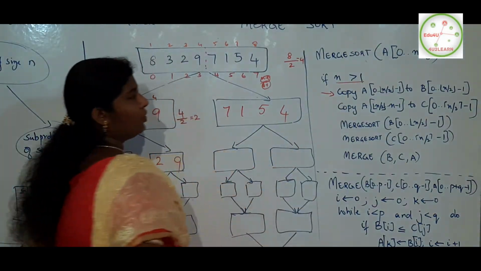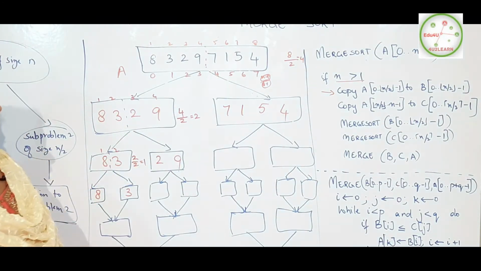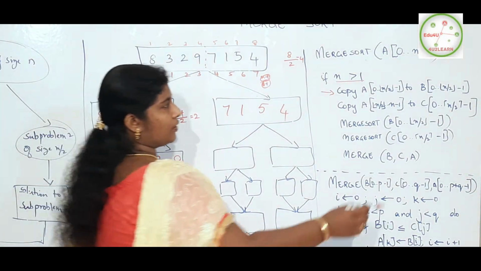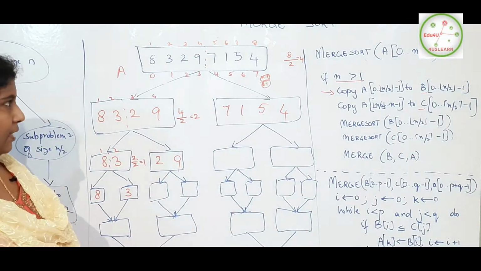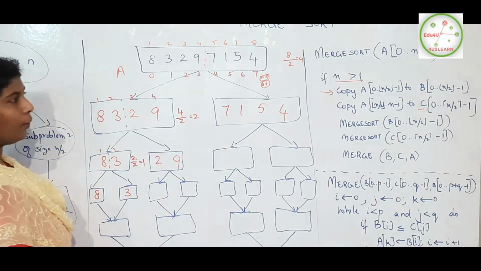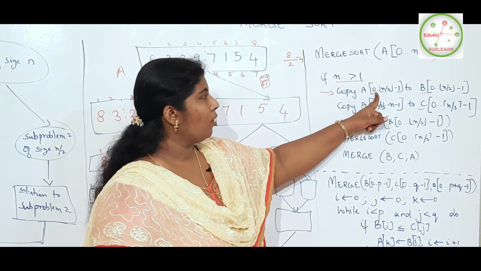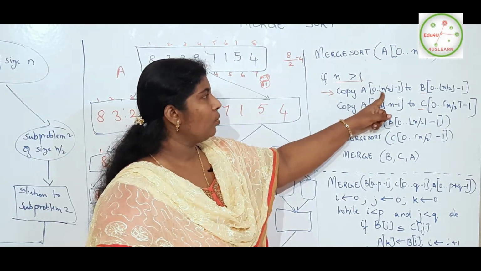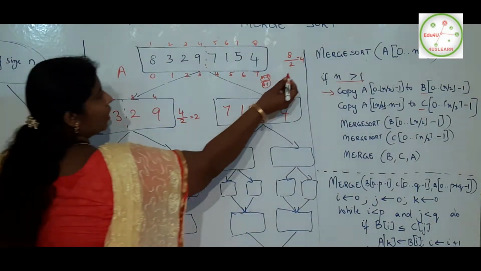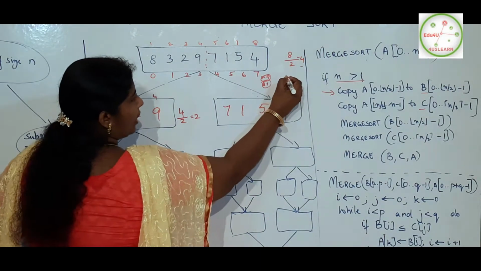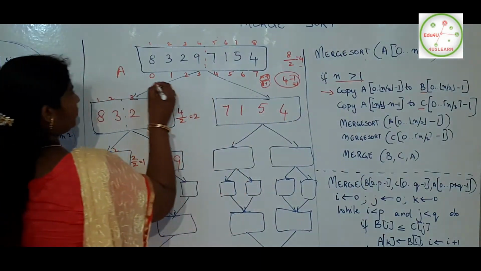Now we have to copy this array into two divisions, B and C. What we are going to do is copy the elements from 0 to n by 2 minus 1. n by 2 is 4, minus 1, the third element.